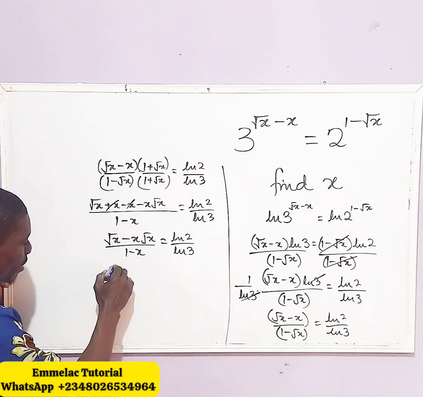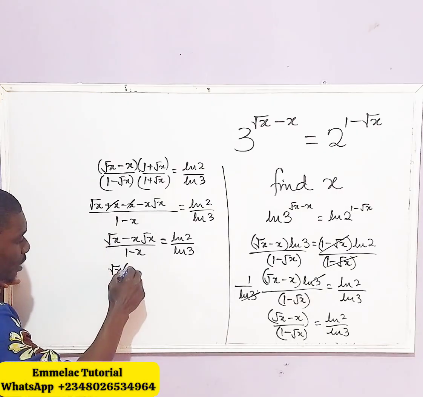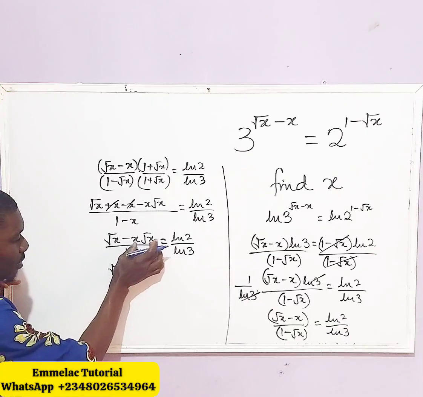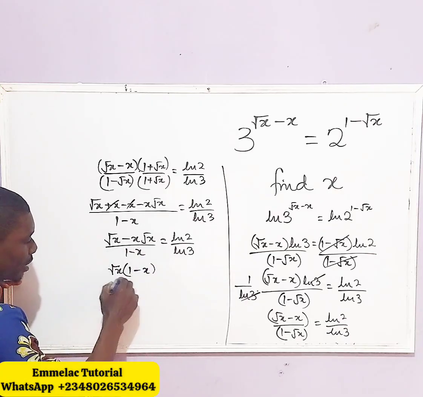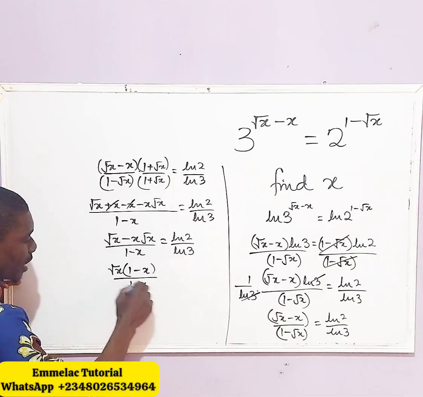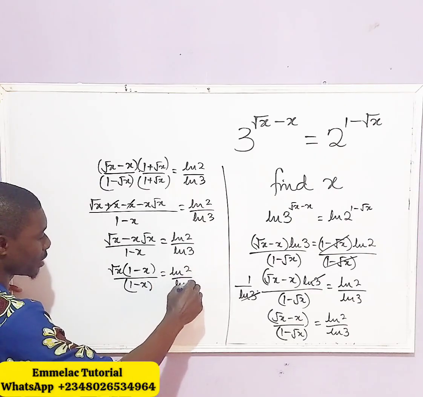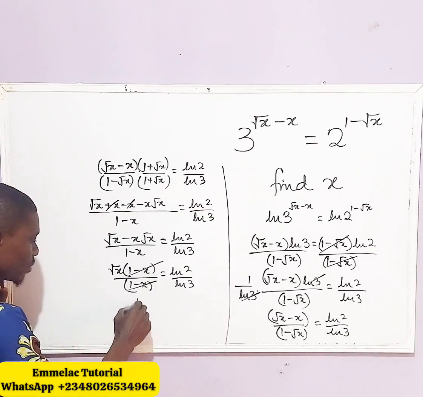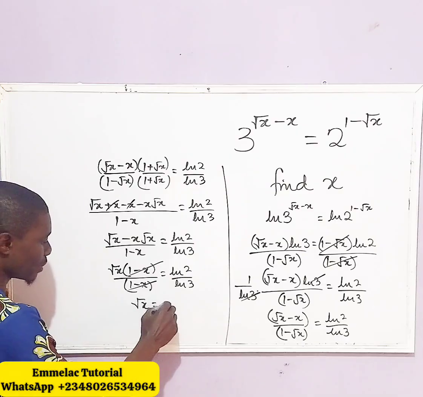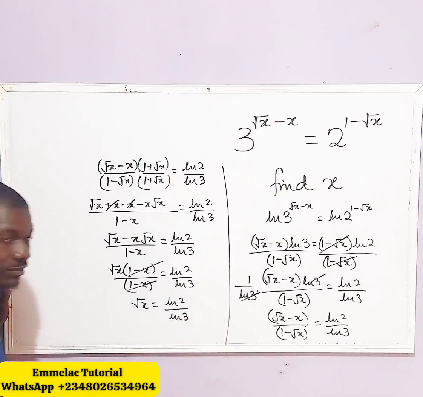By factoring it out, we have the root of x times 1 minus x, all over 1 minus x, equals ln 2 over ln 3. This now eliminates this, so we are left with the root of x equals ln 2 over ln 3.